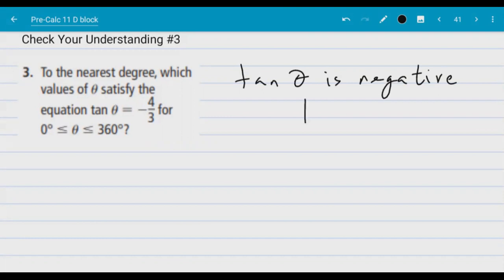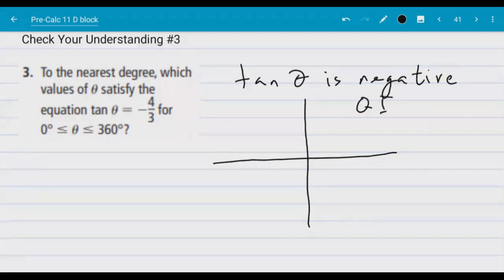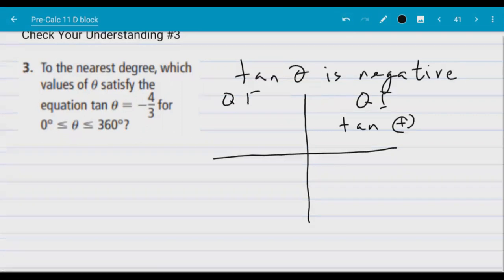All right, in quadrant 1, tangent is positive, right? In quadrant 2, tangent is negative.